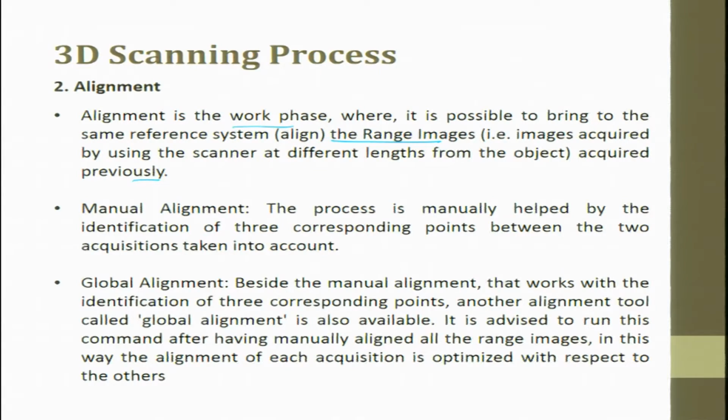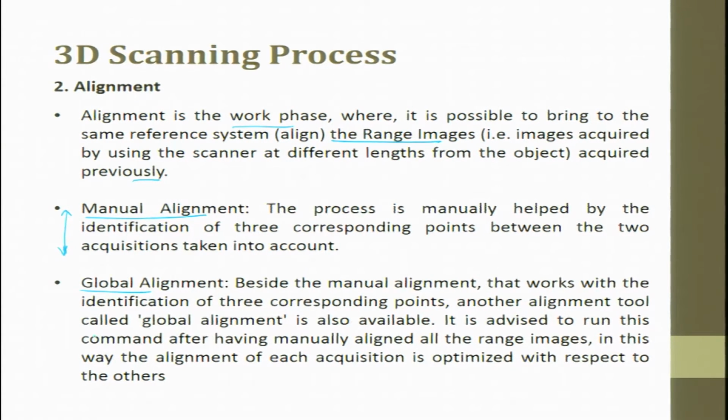Alignment is the work phase where it is possible to bring to the same reference system the range images acquired previously. The alignment can be done manually, or it can be done globally. The manual process is helped by the identification of 3 corresponding points between the 2 acquisitions, which are taken into account.